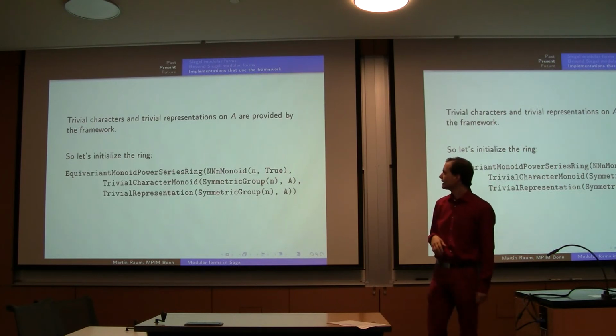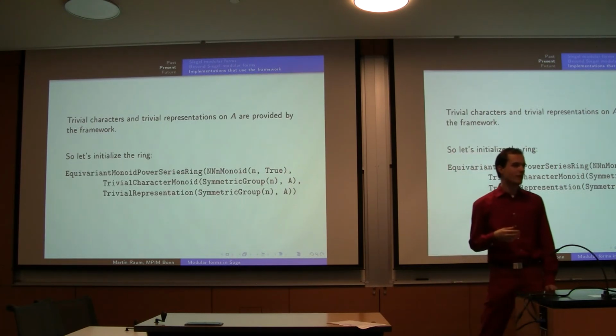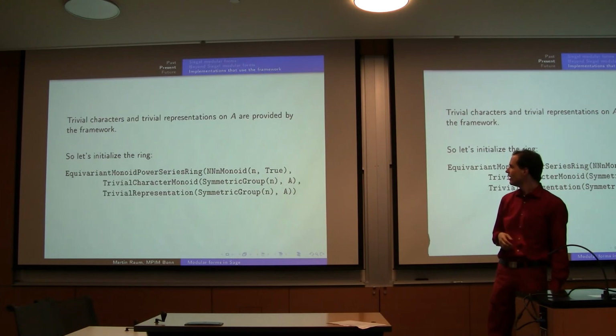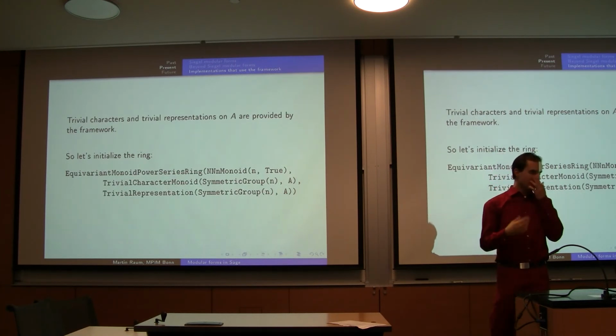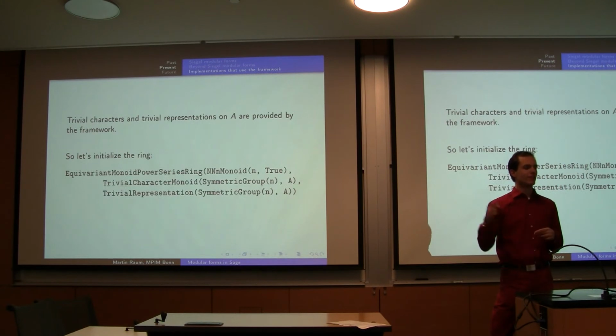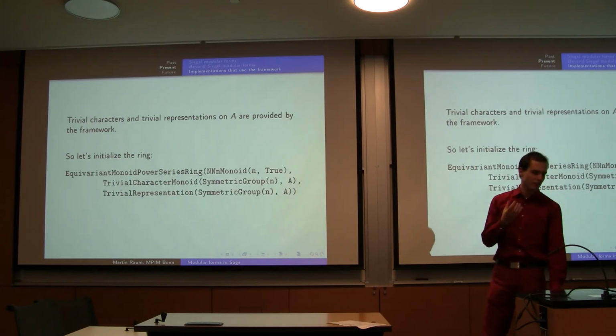Now we've actually got a ring of symmetric algebraic power series, and that I think is very useful, because if you've got Siegel modular forms, the lines of code that you have to write is not much more. And the main work that you have to do is really in this first monoid. And there you can focus on the really important task where you really need to gain speed.